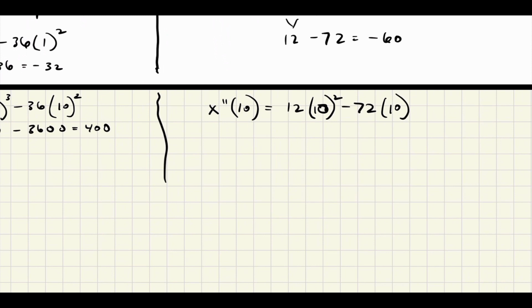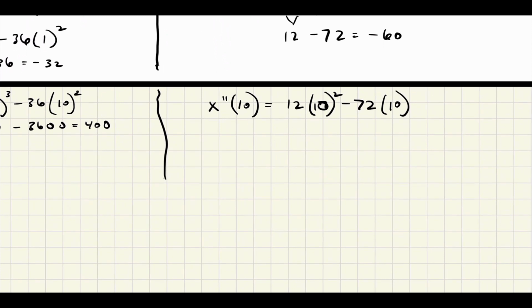You can use 7, but I like to use 10, especially because this test probably won't be calculator. Well, no, you can't use a calculator on this test. So pick round numbers where it's easy to multiply, right? 49 times 12 isn't as easy as 100 times 12. So you get 1,200 minus 720, which is positive 480.